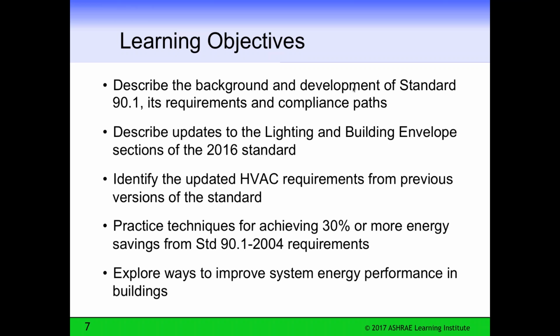The learning objectives: the first one is to describe the background and development of Standard 90 since 1975. It's been a long time that it's been under development. Its requirements, compliance paths, describe updates to lighting and building envelope sections of the current version, identify updated HVAC requirements from previous versions, try to practice some techniques or approaches for achieving 30% or more energy savings from the 2004 version of Standard 90.1.